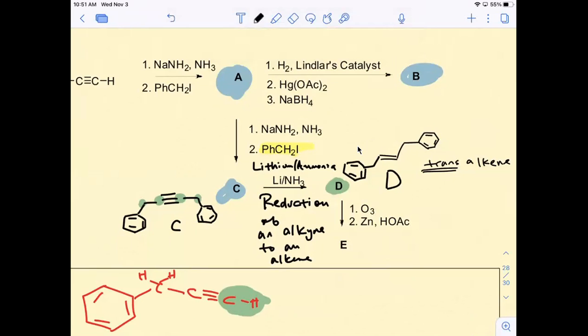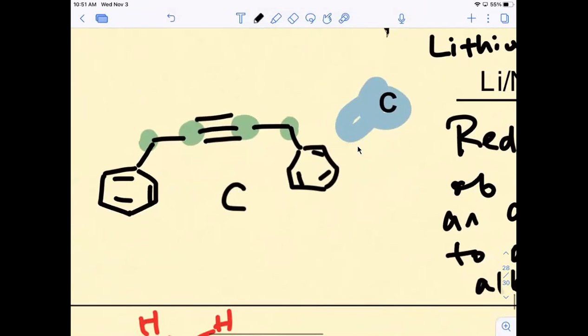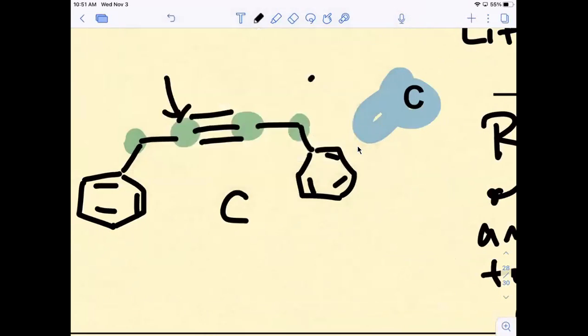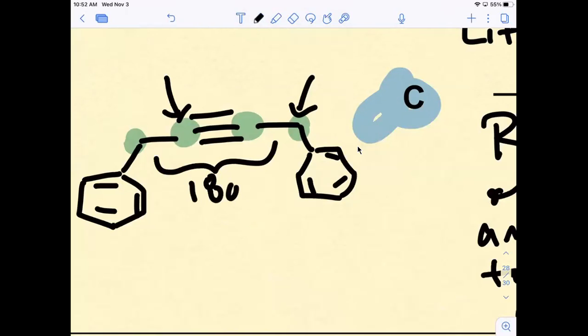Cis or trans would be with respect to the carbons right here, their orientation around that triple bond. But if you notice, I drew them on a straight line on purpose because the angle here is 180 degrees. So there's no cis or trans on a triple bond because everything is straight. It's like a cylinder.